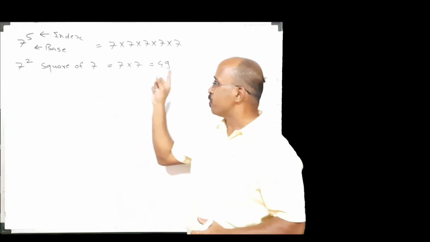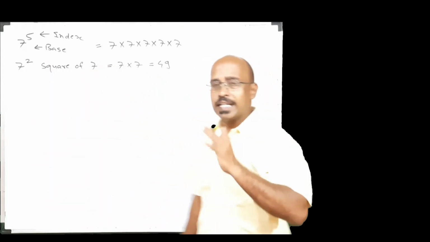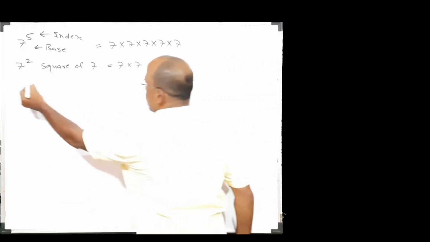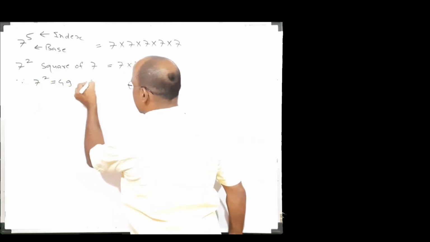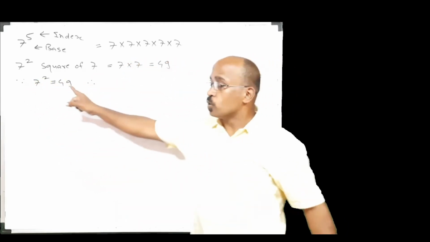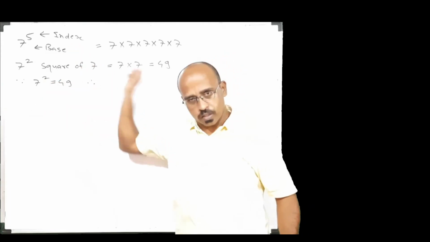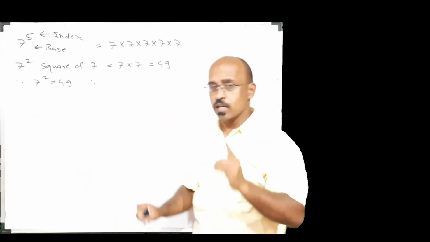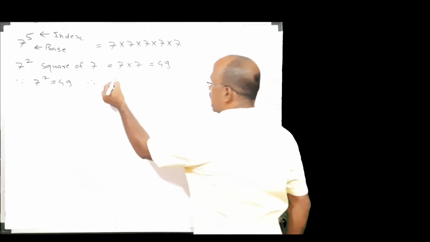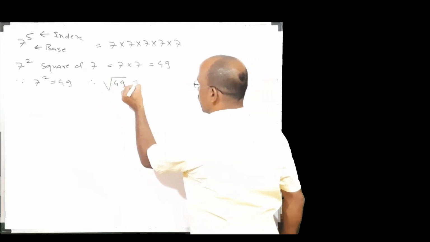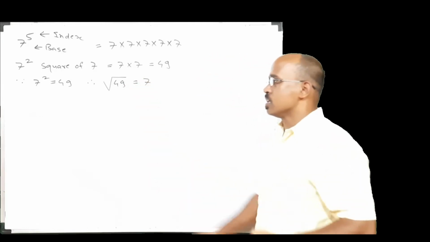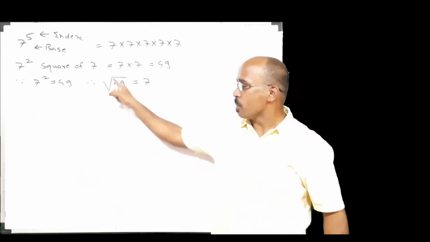See students, if 7 square is equal to 49, then the square root of 49 is written as this: square root of 49 equals 7.